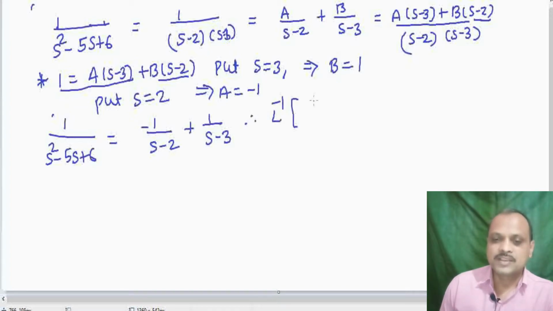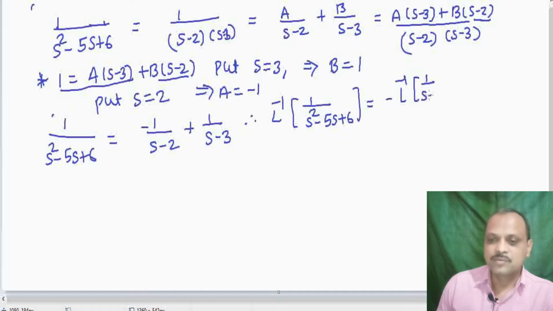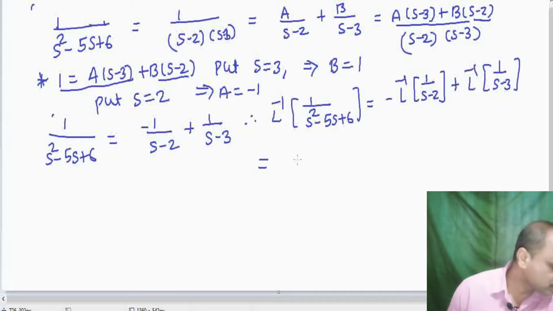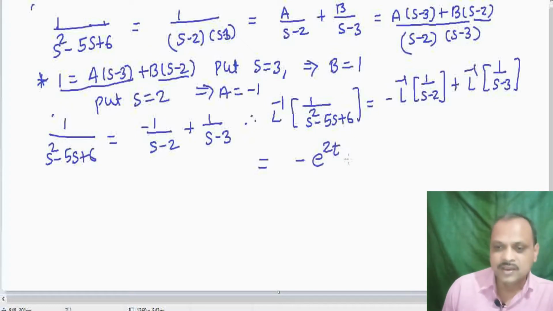Now we can easily find the Laplace inverse of this term. L inverse of 1 divided by s square minus 5s plus 6 equals minus L inverse of 1 divided by s minus 2 plus L inverse of 1 divided by s minus 3, and we have standard formulas for that. What are those formulas? This is minus e raised to 2t plus e raised to 3t.